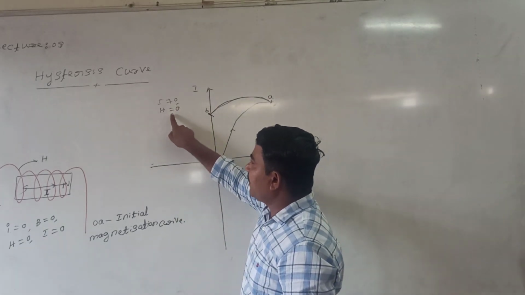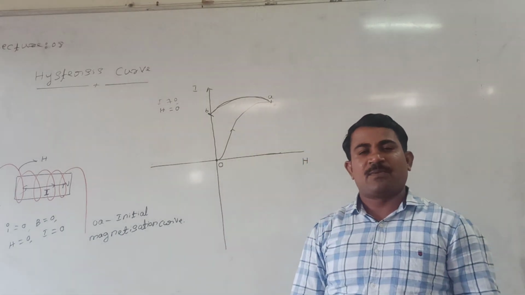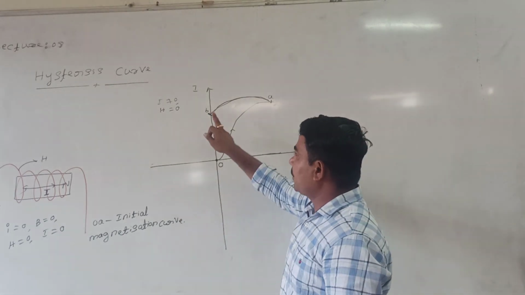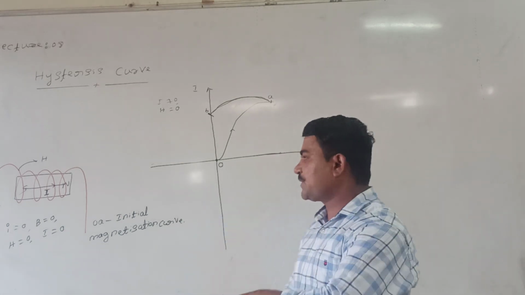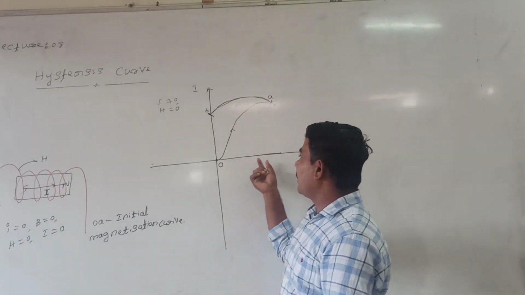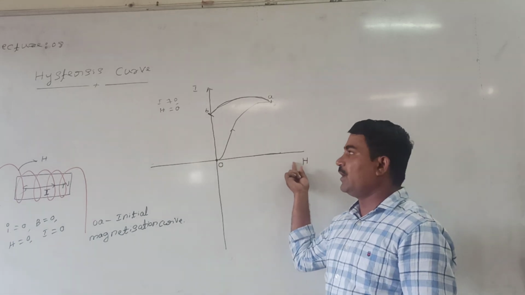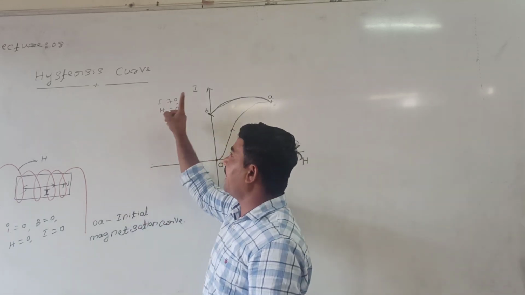What is the meaning of this? At a particular point, if we decrease the current, even in the absence of an external magnetic field, the material behaves as a magnet.